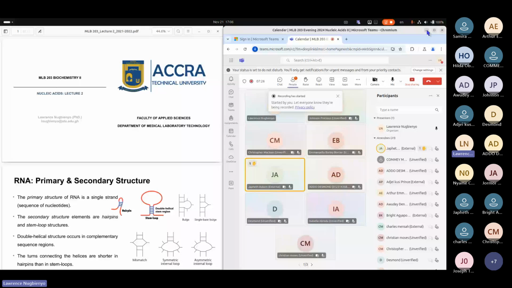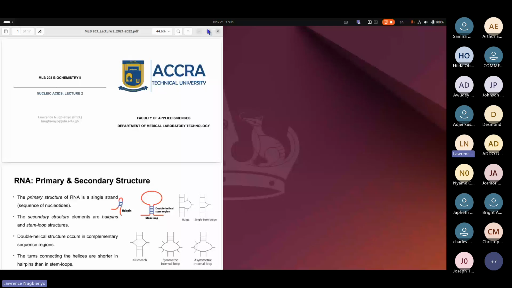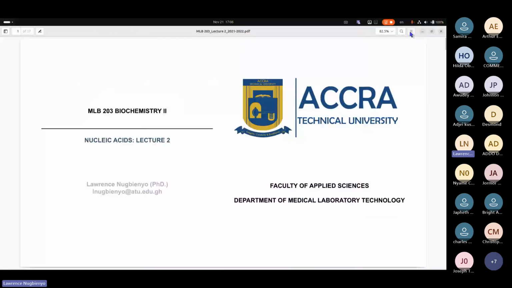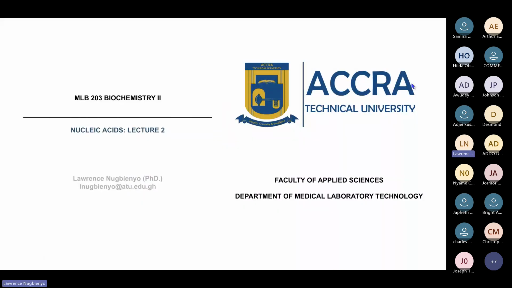And we talked about nucleotides being composed of a pentose, that is a 5-carbon sugar, with a nitrogenous base on the carbon number 1 of the pentose, and the phosphate group on the carbon number 5.